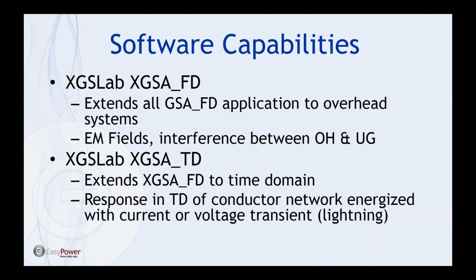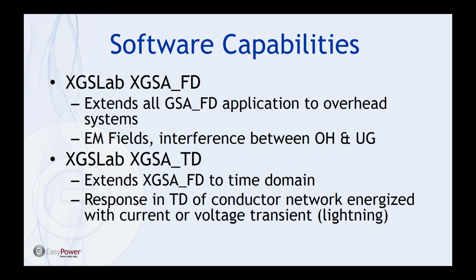And then finally, the next step, the top of the line, which you only need to use sometimes, is the XGSA TD. This is just taking everything that's developed in every other module into the time domain. The useful application of this is to look at the response in the time domain of your conductor network when it's energized with a current or a voltage transient.